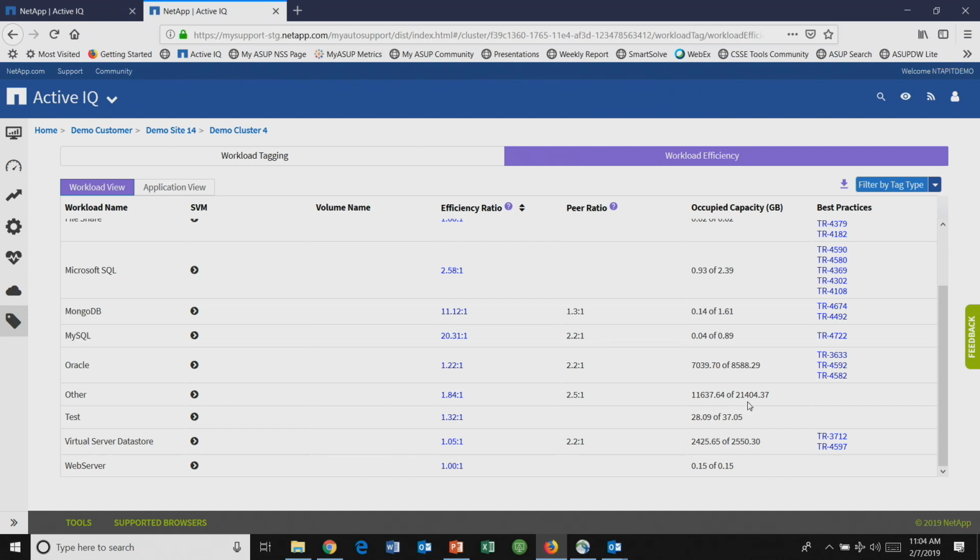Along with showing the peer ratios, what we do within ActiveIQ is to show users the best practices associated with each of these applications. So this makes the lives of the architects as well as the admins a lot easier. Previously, what we used to really do is to write all these tech reports or best practice papers and so forth, and throw it out on our support site or other portals, hoping users would find these someday and go through these best practices.